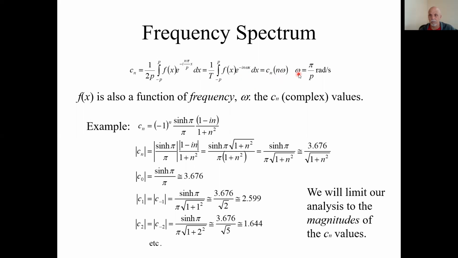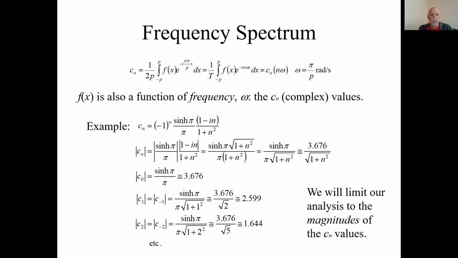This omega here is the fundamental frequency, which is pi over p when we're talking about symmetric intervals. So I could think of the function as being a function of frequency as opposed to being a function of x. You can look at the function in the frequency domain.